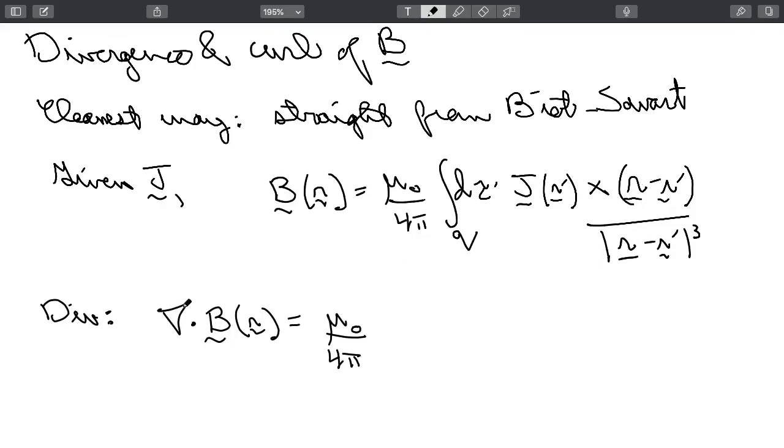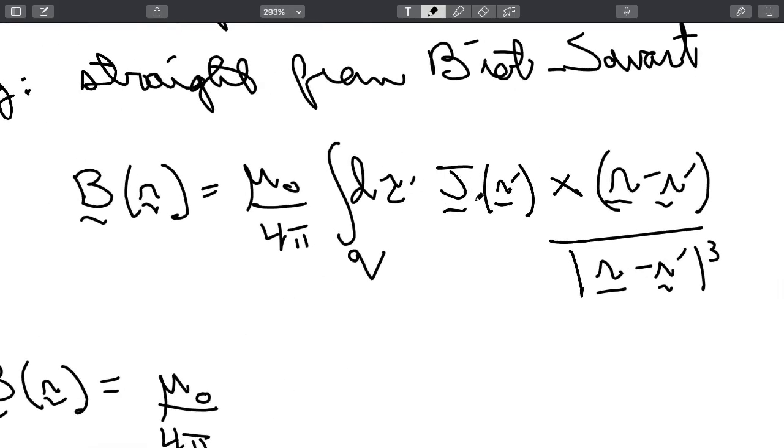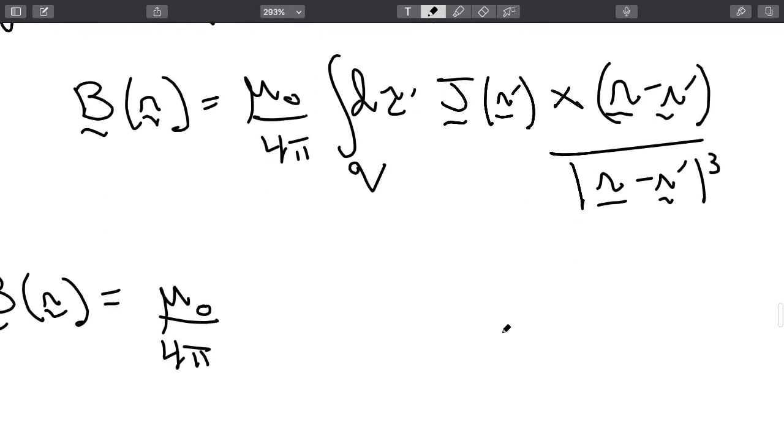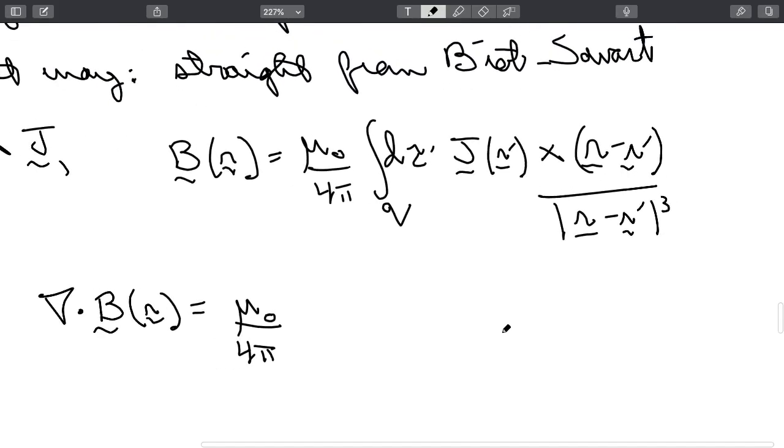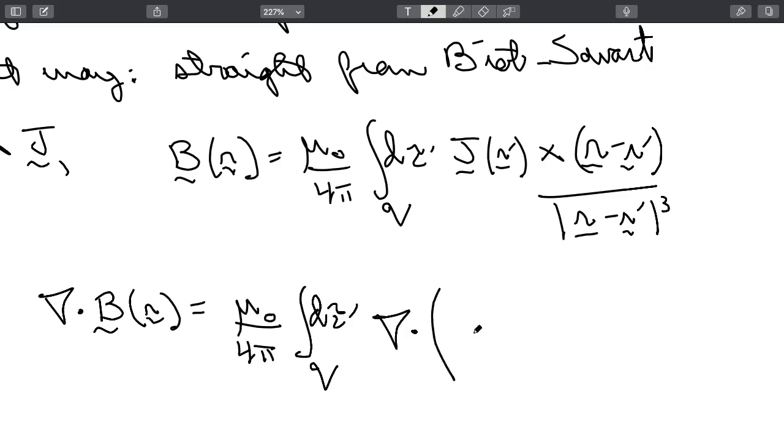So the div operator acts on r, not on r prime, so it doesn't touch this one here. So I can just bring it in, d tau prime over V. And now I've got the div of this whole thing here, and I'll write it out fully.